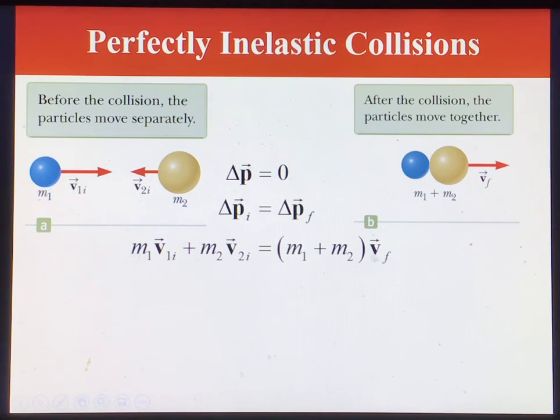V final here is the velocity of the combined system after the collision. Again, inelastic collision means that the two particles get stuck together and move together after the collision just as one particle with the final velocity V final that can be calculated from this equation right here.